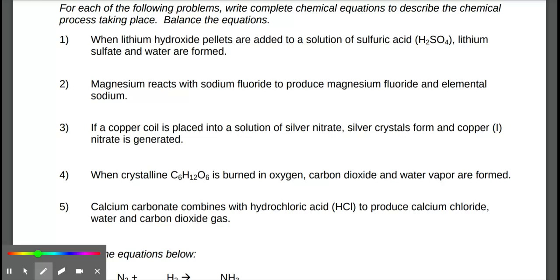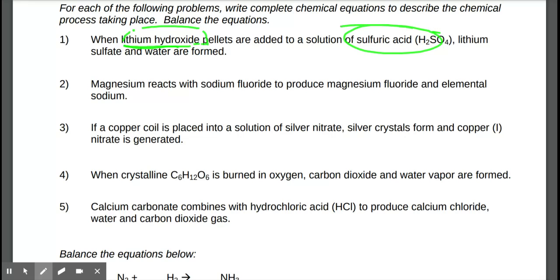This tells me that some scientists, I'm picturing, are putting these pellets into this solution, and something's going to happen. You can say the pellets, but really it's the lithium hydroxide we worry about, and the sulfuric acid. We're combining those two to see what happens.